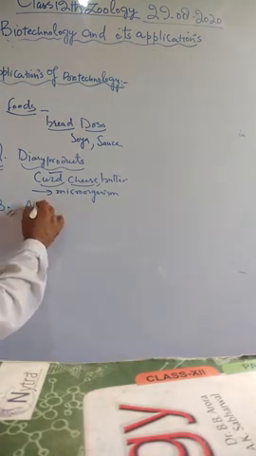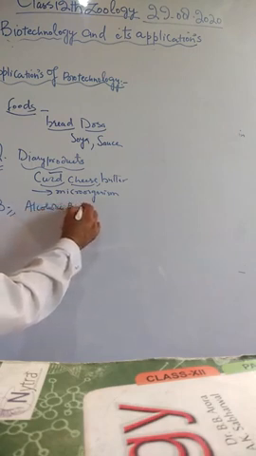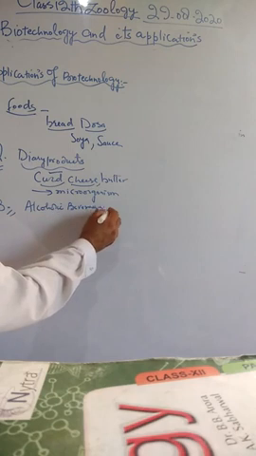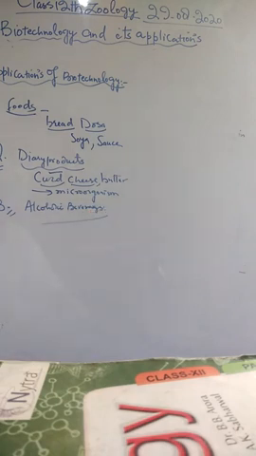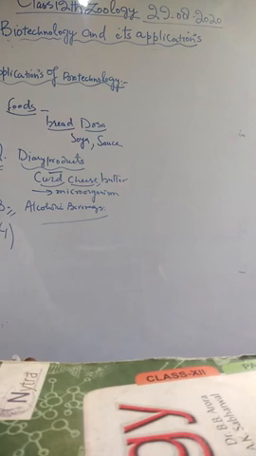And we prepare alcoholic beverages or alcoholic products by this. For the preparation of beer, wine and whiskey, we involve biotechnological methods, because grapes and other such products which contain sugar are easily fermented by microorganisms.